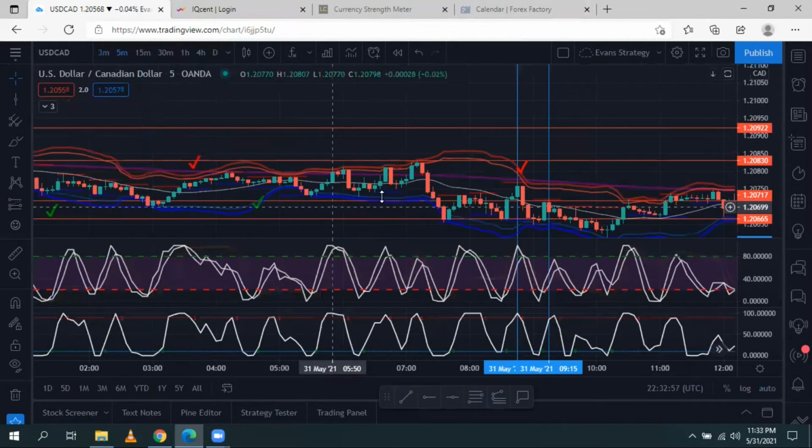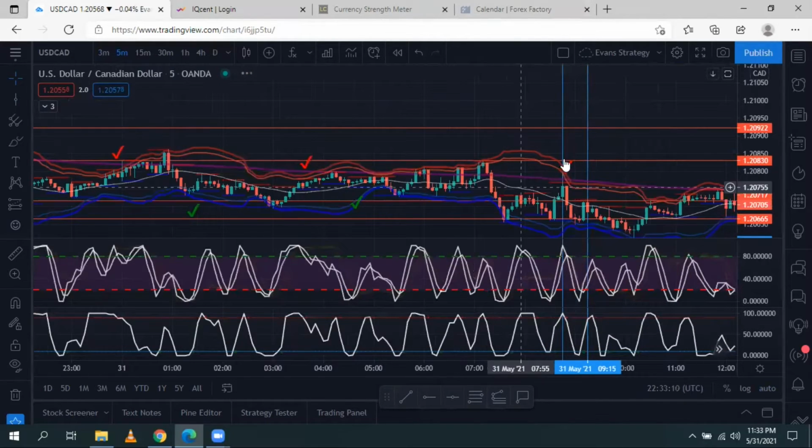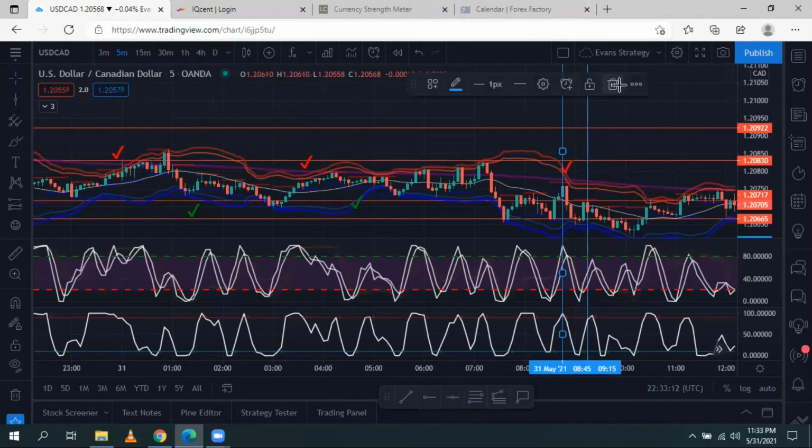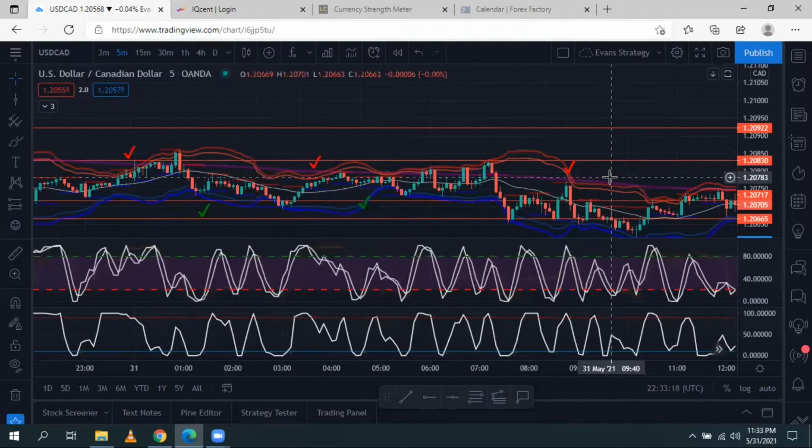You just need to wait for the market to hit your lines and you are good. So this video is just to explain the markup; you can see the two advantages I've explained about the markup.